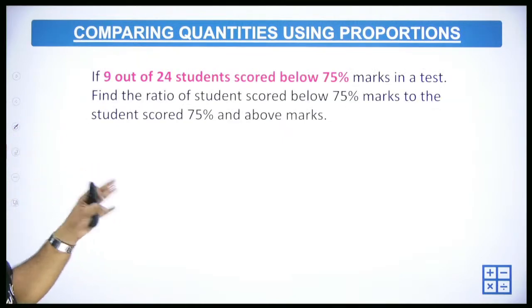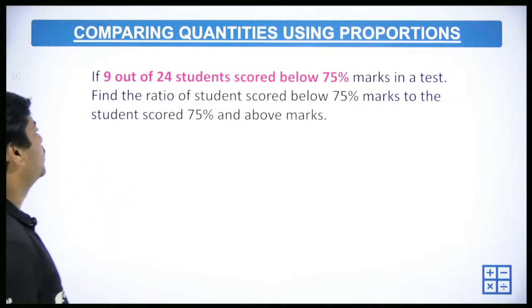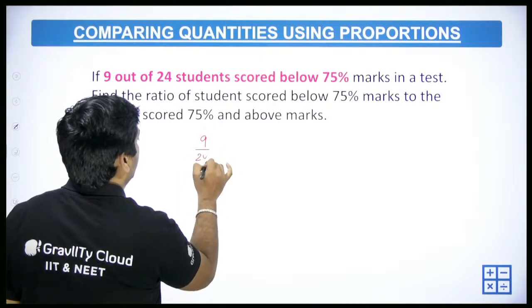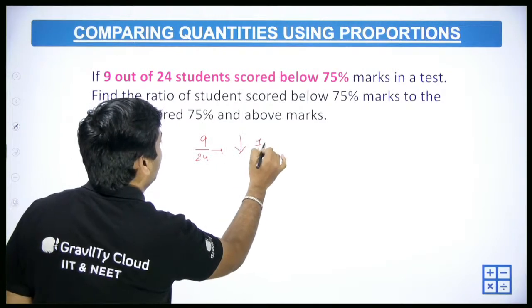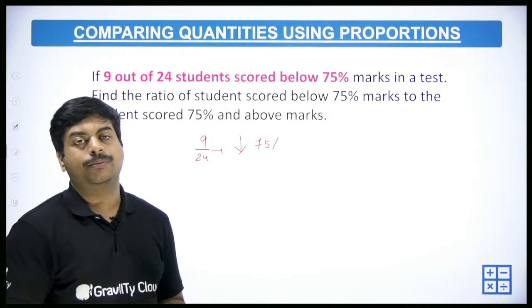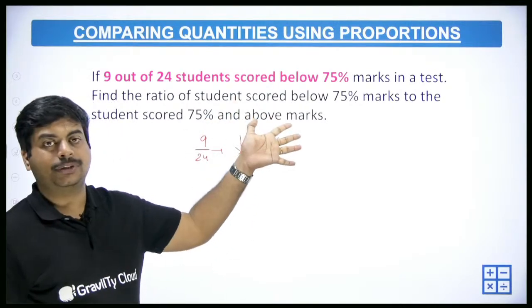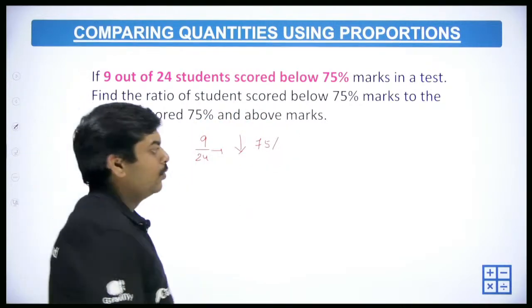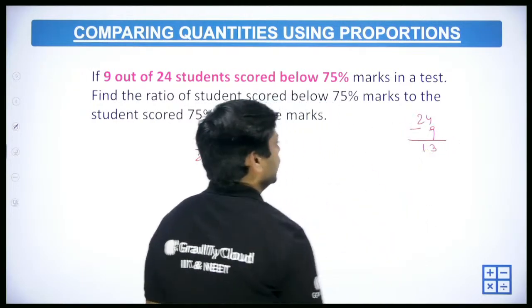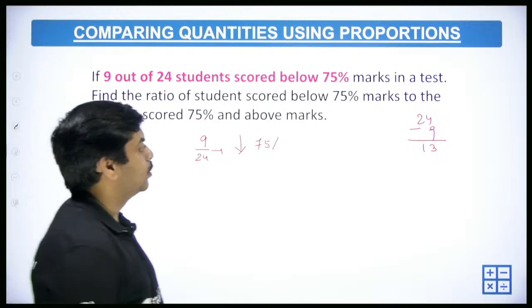Let's move to one more. If 9 out of 24 students scored below 75%, so 9 out of 24 got below 75%. Now tell me, how many students got more than 75%? 24 minus 9, which is 13, not 13, sorry, 15.